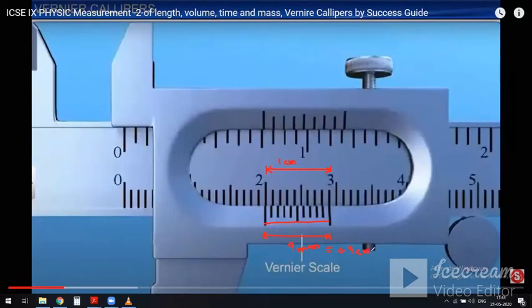So the length of the vernier scale is only 9 mm or 0.9 centimeter, whereas on the main scale the distance between two divisions is 1 centimeter. So by that you can understand that the length of the divisions made on the vernier scale is 1 less than 1 centimeter, that is 0.9 centimeter.